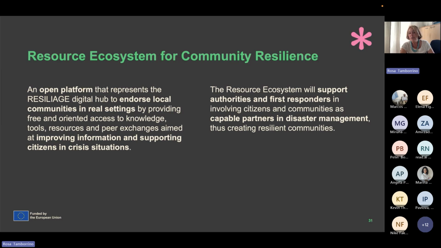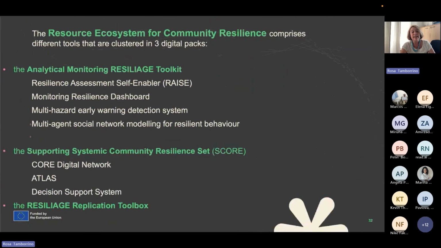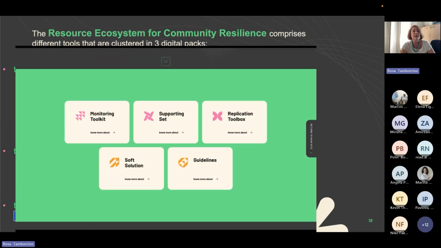That is an open platform for supporting communities with state-of-the-art digital tools, for increasing how we can support authorities, first responders, and involving as well citizens and communities as capable partners for disaster management. So in that way, creating resilient communities. This is our resource ecosystem for community resilience.